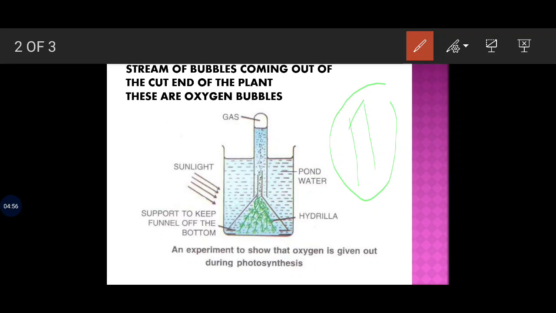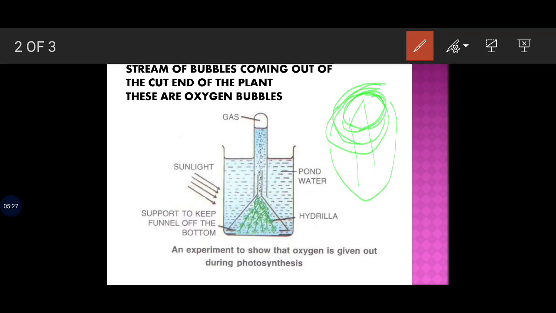Why do we cut obliquely? When it is cut obliquely, the surface area present over this part is more. We get more surface area, and the more the surface area, the easier it is to observe, as there will be more liberation of gas.